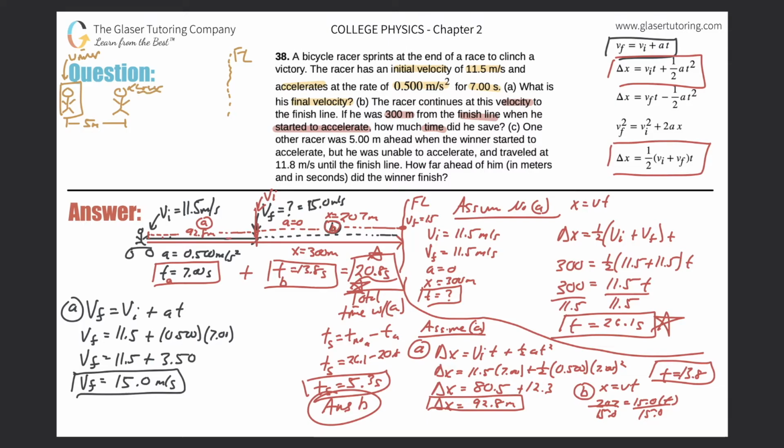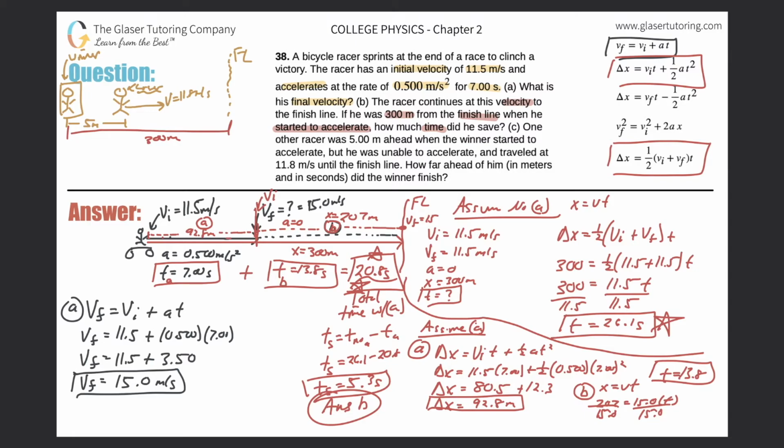All right, now let's make it make a little more sense. See, they really need to give you more context. So the loser was unable to accelerate and traveled at 11.8 meters per second until the finish line. Now remember back to the prior problem that the total distance from the winner to this finish line was 300 meters.